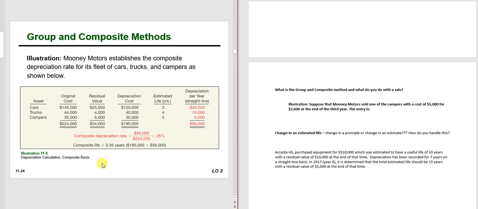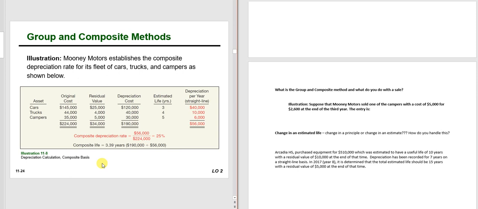And then I plug the difference to a gain or loss. So in my case, I got $120,000 for an asset that's on my books at $105,000, so I had a $15,000 gain. So again, the important things are the steps: get the asset off your books, get the accumulated depreciation off your books, record the cash, plug the gain or loss.